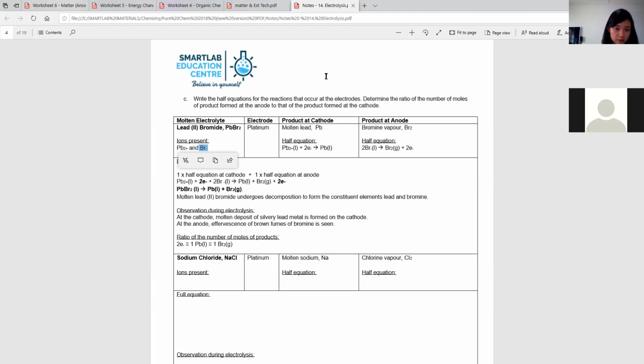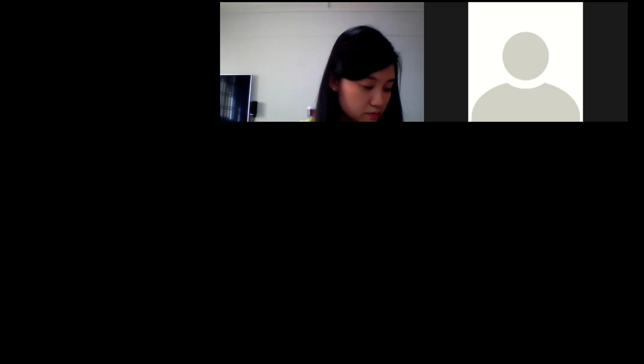Maybe I write it down here. So the cathode part, the Pb2+ will gain back 2 electrons, because the charge is 2, meaning you need to take back another 2 to form back your Pb, which is your lead, the metal.